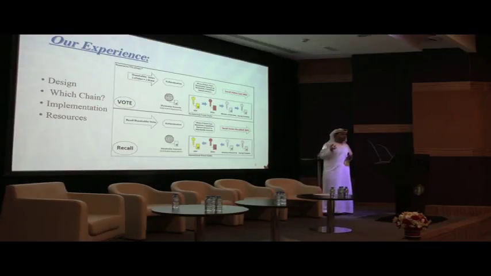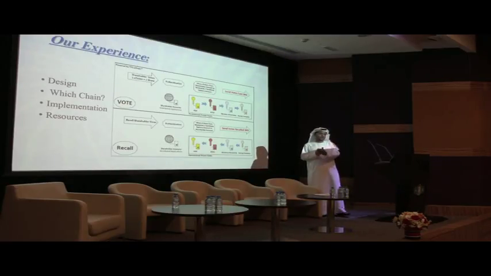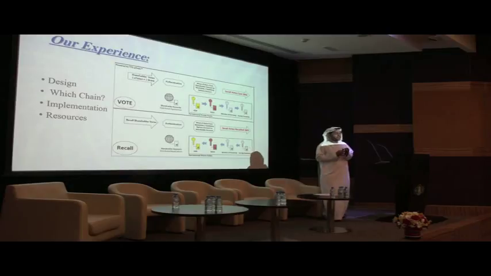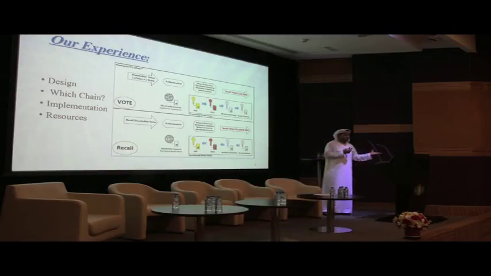This is important. Will you use Hyperledger from IBM, chain.com, Corda from R3, or MultiChain? Which chain? Because each chain has its own specification, and sometimes you need to join the features of two chains together. And this is very important.